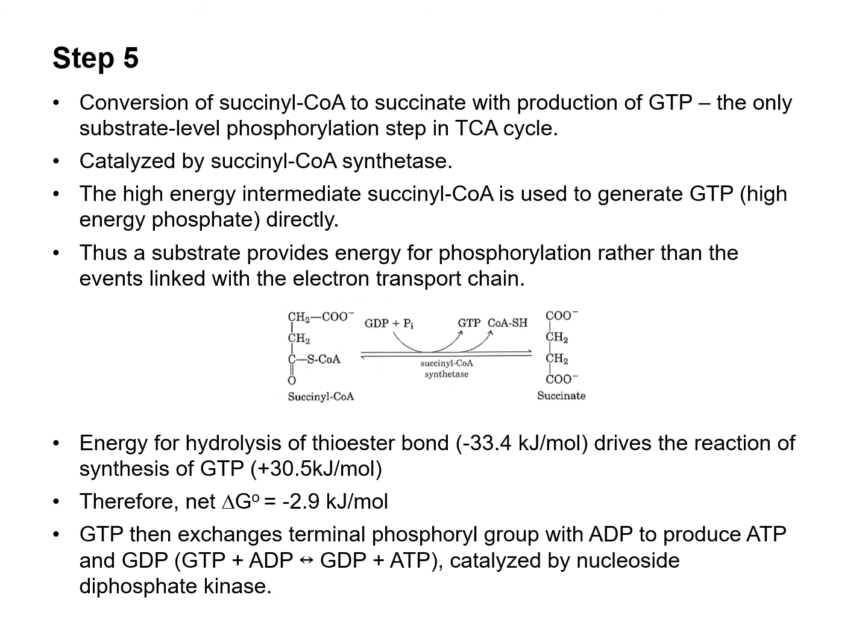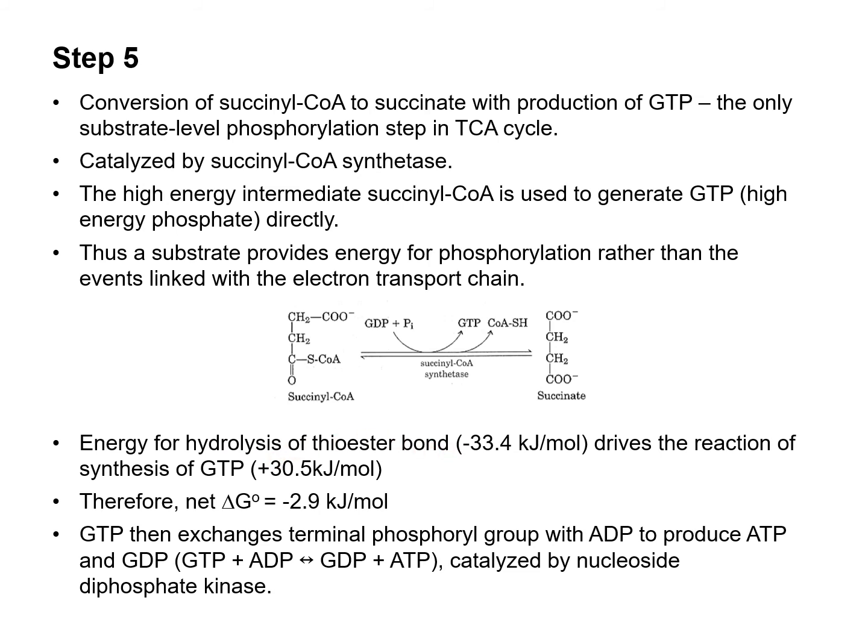The energy from the hydrolysis of the thioester bond in succinyl-CoA, which is minus 33.4 kilojoule per mole as its delta G naught value, drives the synthesis of GTP, which requires 30.5 kilojoule per mole. So there's enough energy that it can generate from this hydrolysis of the thioester bond.